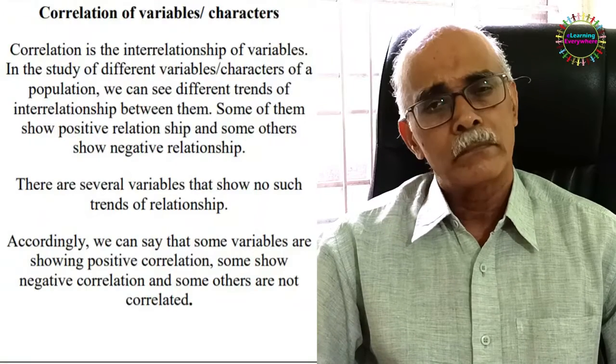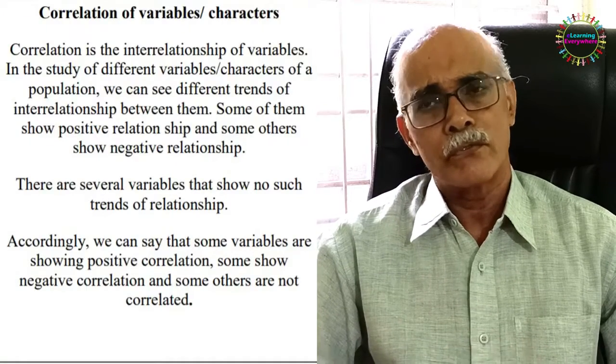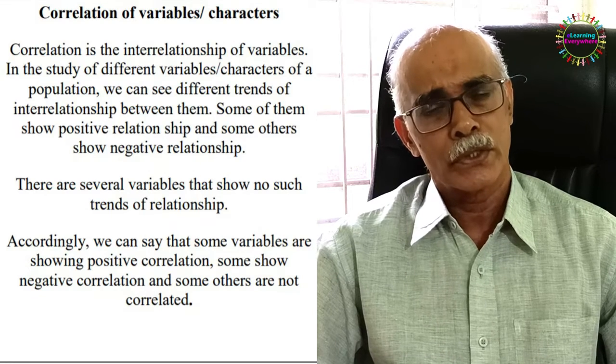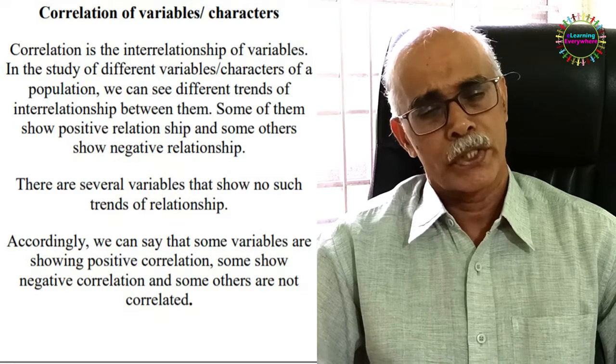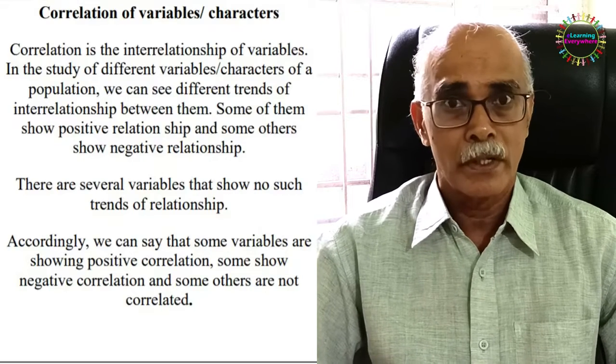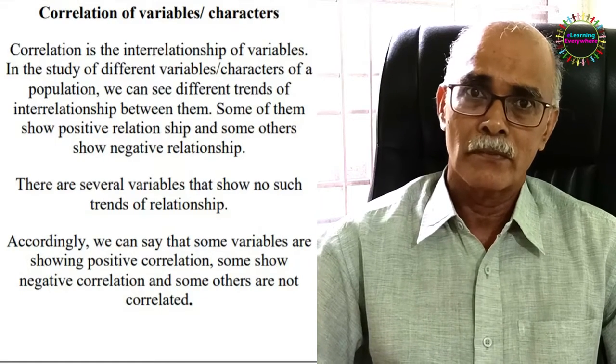So there are different types of relationships, a positive relationship between variables or a negative relationship between variables. And some variables of course show no relationship at all. And the study of interrelationship of variables comes first, and it is the study of correlation between variables.